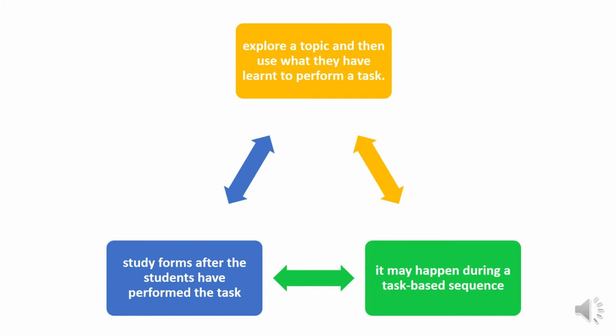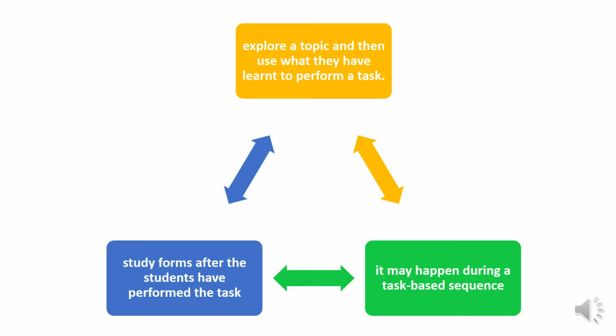One approach is for students to study language in a variety of ways, explore a topic, and then use what they have learned to perform a task. Alternatively, it may happen during a task-based sequence. A third option is to study forms after the students have performed the task.